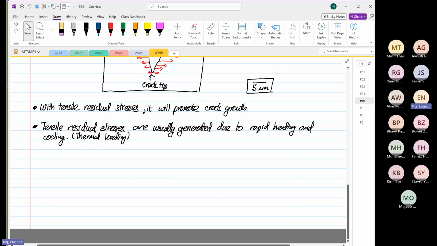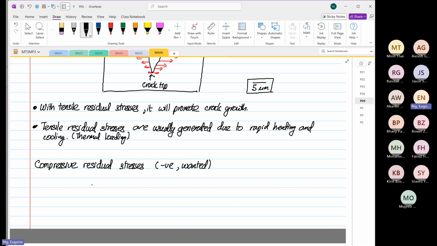Now, the next one is what we call compressive residual stresses. As I mentioned before, it is the negative part and is the wanted part. You want this. So in compressive residual stress, same diagram, we have a crack tip.